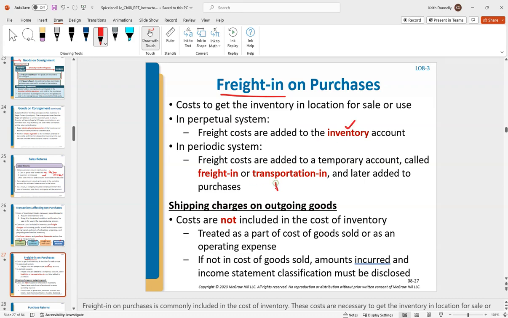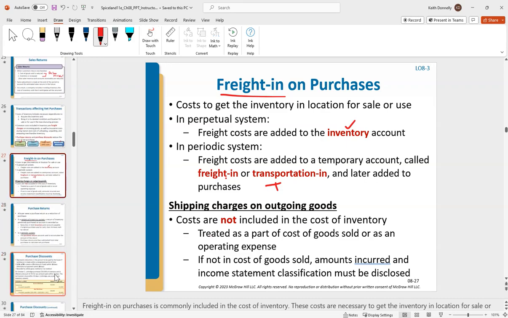But if you're using a periodic system, you're going to use that freight in, which is a temporary account. We're going to see a lot of this framework, temporary accounts in periodic, and then get rid of it at the end of the period. On the flip side, if you sell inventory and you pay shipping, it's just probably going to be a shipping expense. You're not going to capitalize that as part of the inventory.